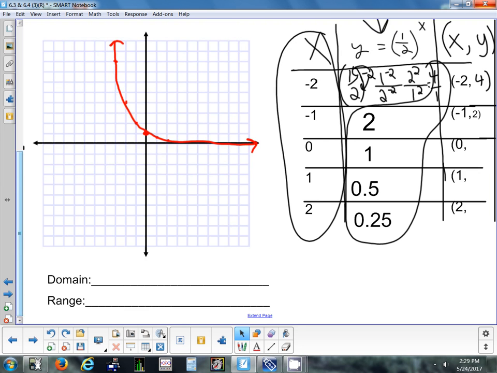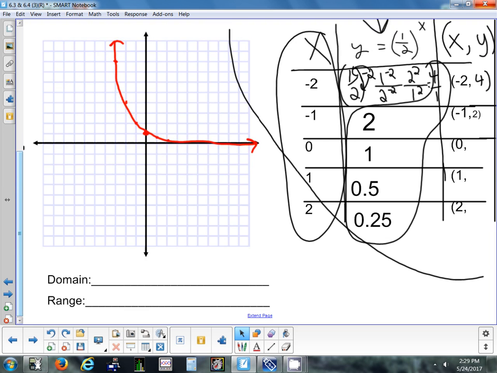How far to the right does that red line keep going? Forever. And it doesn't look like it's going to the left as fast, but even though it's going up, it's still curving to the left. So how far to the left is that red line going to keep going? Forever. It goes up, but it still slowly goes to the left.